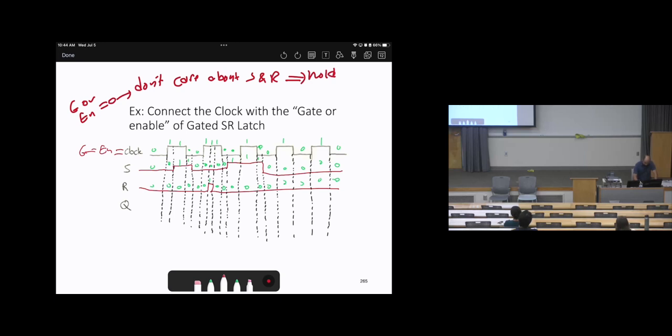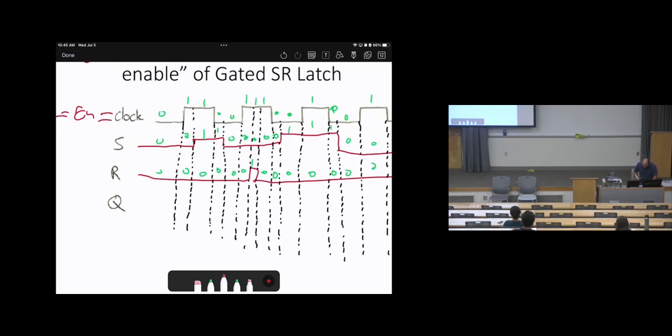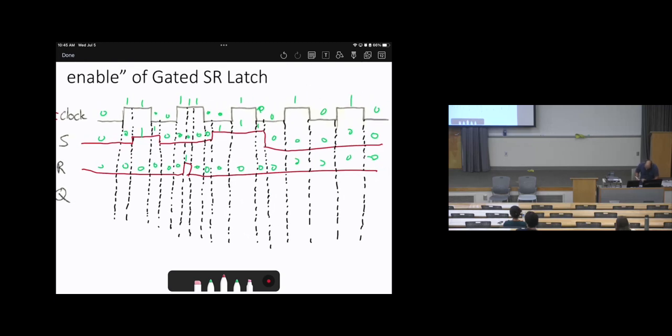When E or enable is 1, then it is SR operation. Okay? So the first observation, before looking at S or R, look at E. If it is 1, then okay, look at S and R. If it is 0, then hold without looking at S and R. So let's look at this scenario here.